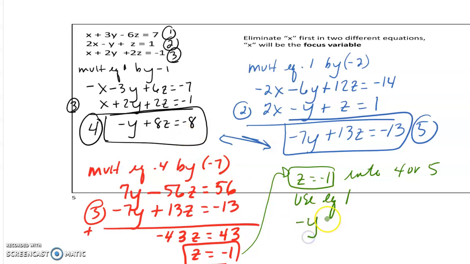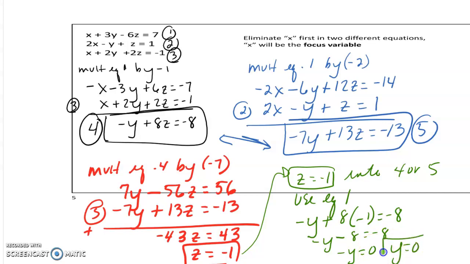So negative y plus 8 times negative 1 equals negative 8. Negative y minus 8 equals negative 8. I'm going to add 8 to both sides, and I get negative y equals 0, so y equals 0.